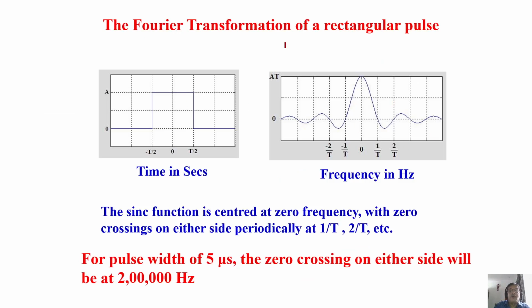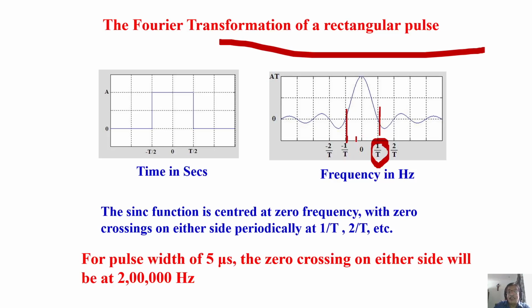The Fourier transformation of a rectangular pulse is a sinc function, and this is the point. The zero crossings are exactly at 1 by t, minus 1 by t, and plus 1 by t. T is the width of the pulse. This defines t. So you have to choose your pulse width such that if the pulse width has become larger, the excitation profile has to become smaller.